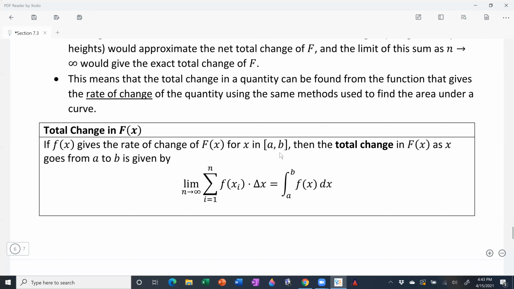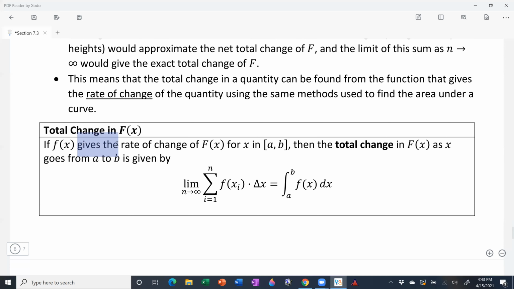You could have a total change where the function actually dropped overall on the interval. So we're going to get into a little bit more detail with the interpretations in section 7.4 for total change versus area versus all of these different concepts. But very, very interesting here. Another interpretation of this definite integral.